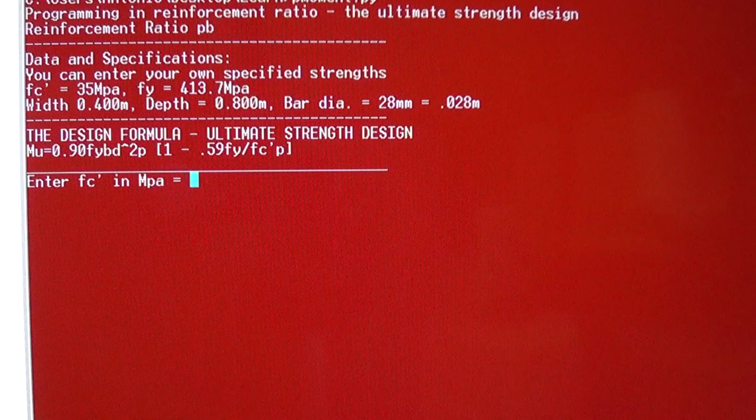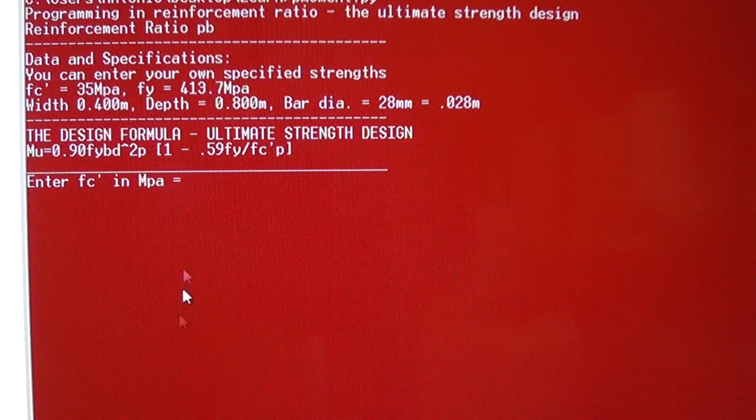Okay, now the first prompt from the program is asking you to enter the specified strength of concrete. Here are the specification data in here. If c is 35 MPa, fy is 413.7 MPa.